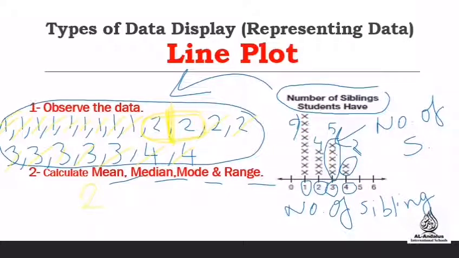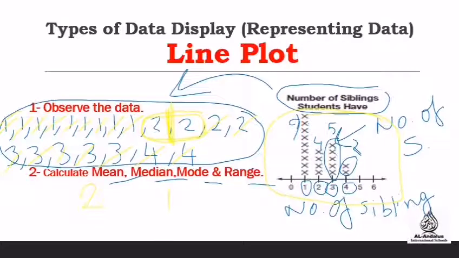What about the mode? We can figure it out directly from here. Where is the number that has the most repetitions, the most number of students, the most number of crosses? Yes, correct, the 1. So I can say that the mode is 1. I can also calculate the range.